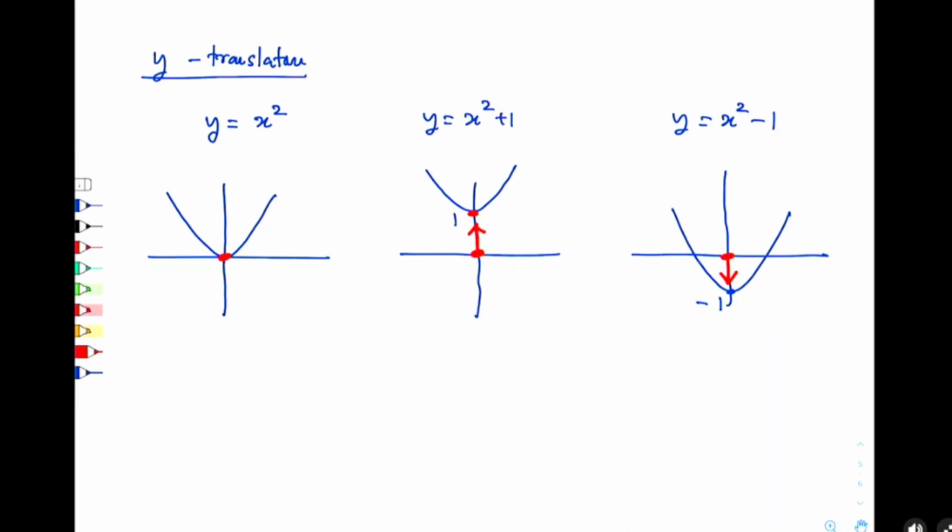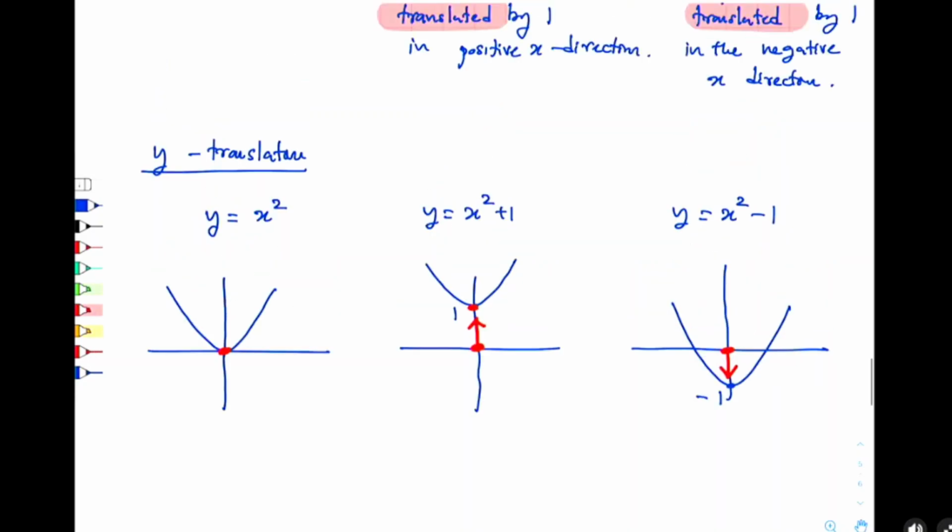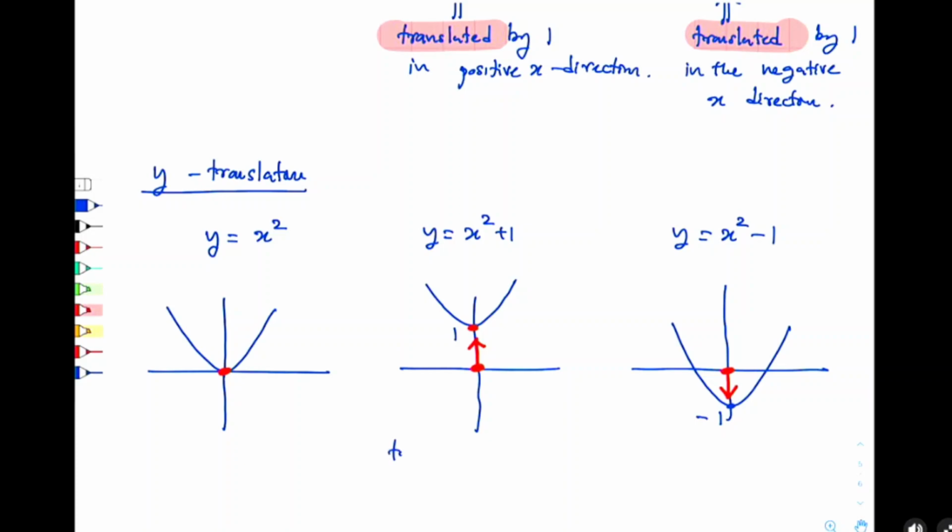So this is nothing but translated by 1 in the positive y direction.